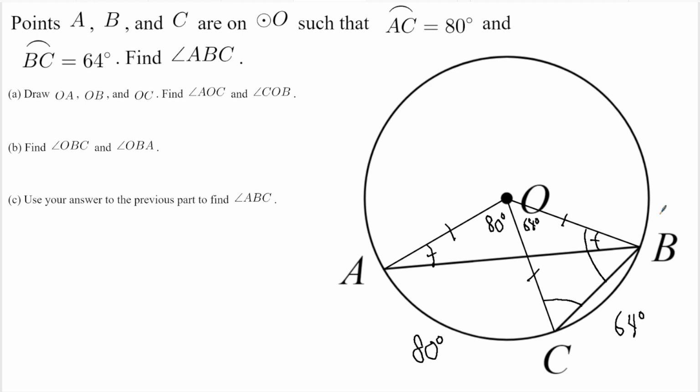And because we know that remaining angle is 64 degrees, we can use the fact that all three angles of a triangle add up to 180 to figure out the measure of the angle we're looking for, OBC.